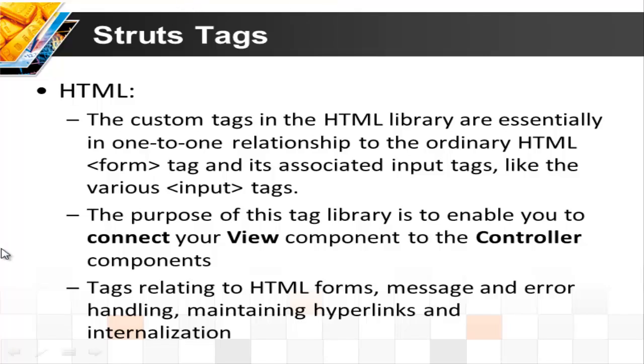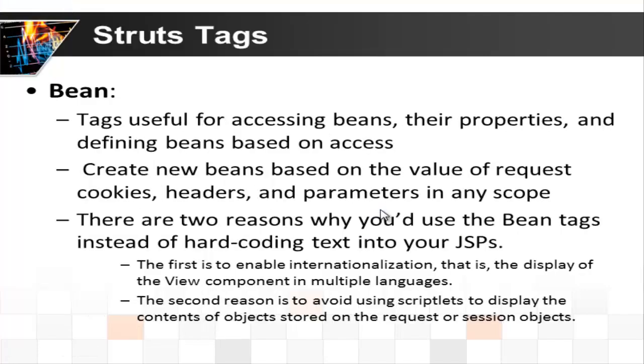So this HTML tag allows us to easily interact with the components which are there with the controller or with the views. So that's the reason why we are using it. Also, they help us to get some special objects like the messages, the errors, or maybe to generate the hyperlink.